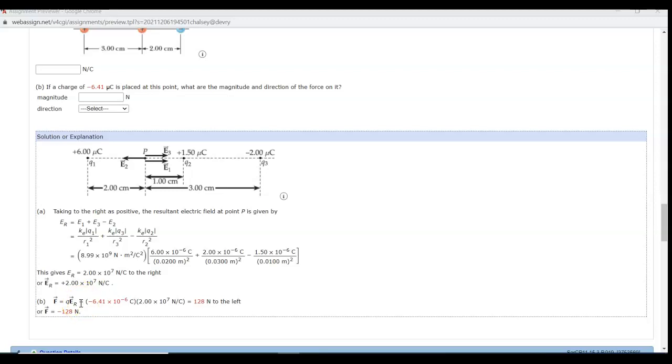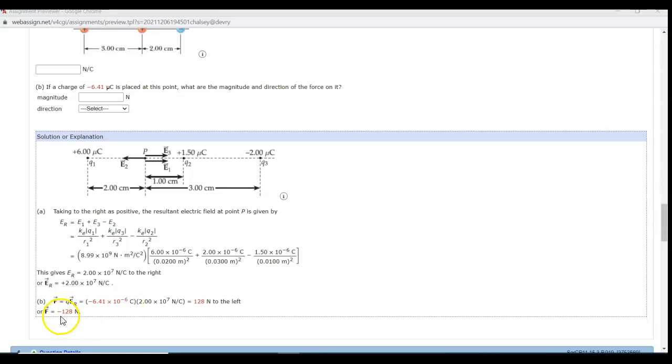And if the charge of negative 6.41 microcoulombs is placed at this point, what are the magnitude and directions of the force on it? So the force is equal to Q times E resultant, our vector up here that we determined, 2 times 10 to the 7th times Q. The charge was given as negative 6.41 times 10 to the negative 6 for micro.